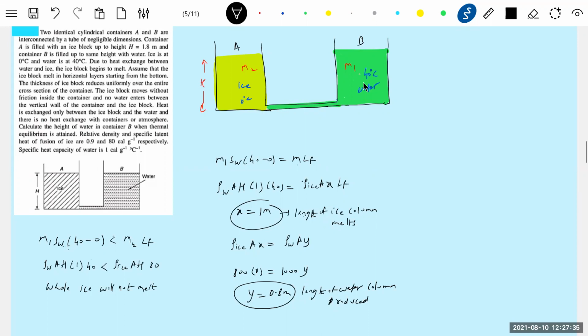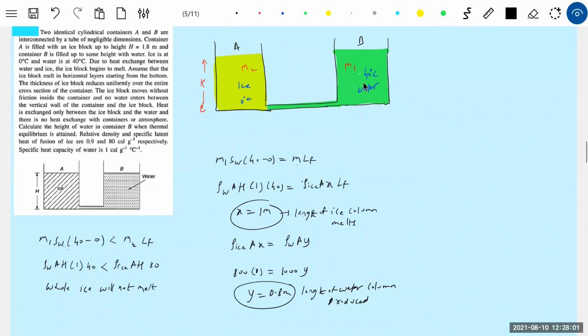What to do after this? Level of water is being asked, no?